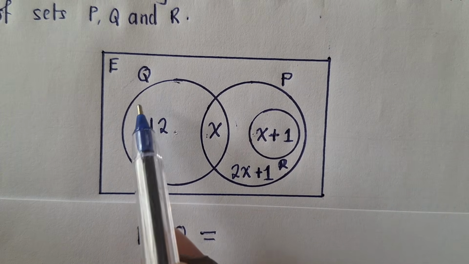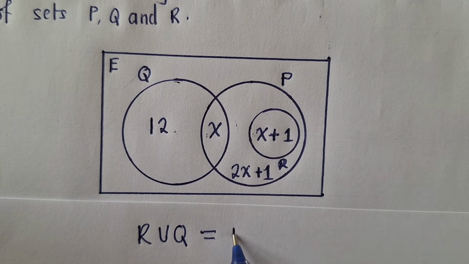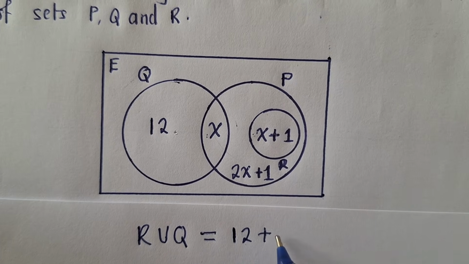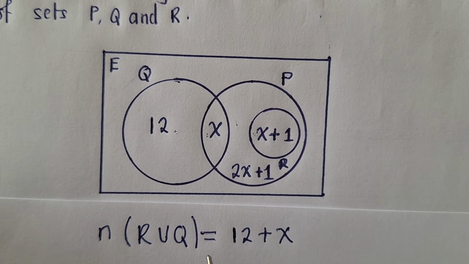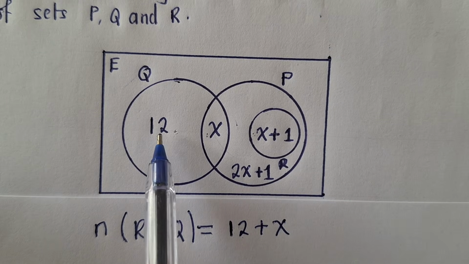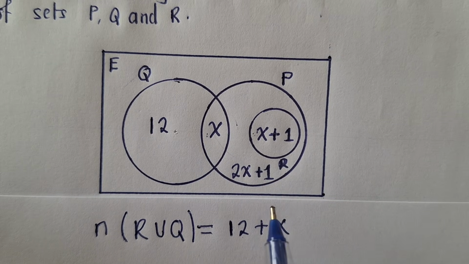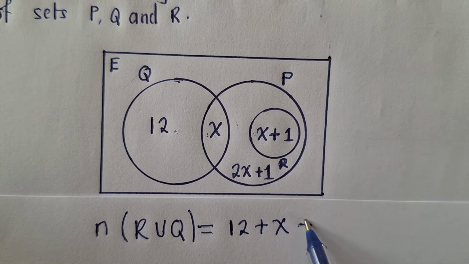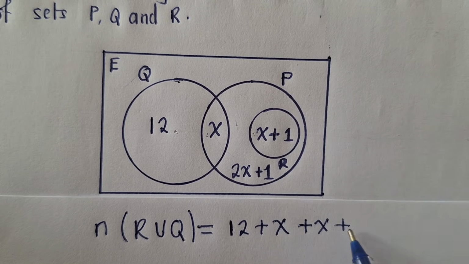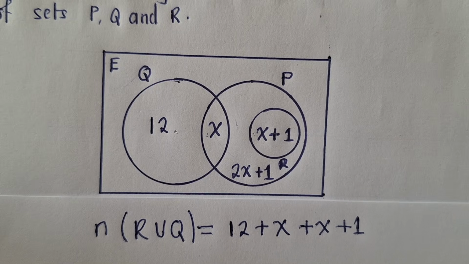The elements in Q are 12 plus X. Remember, there's N here, so we are counting. So we shall say 12 plus X plus what is in R here. That is X plus 1.